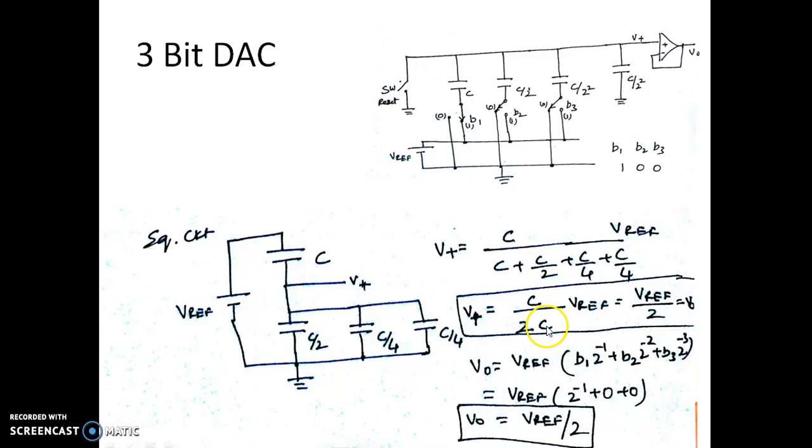Now you can see this is 2C, the denominator. The numerator we have only capacitor C is connected. We end up with V naught as only V reference by 2.